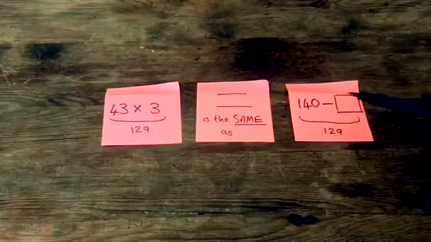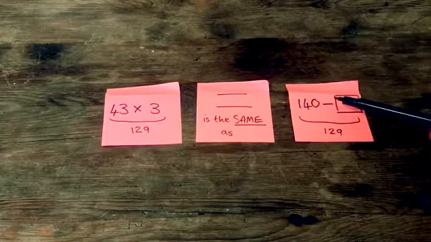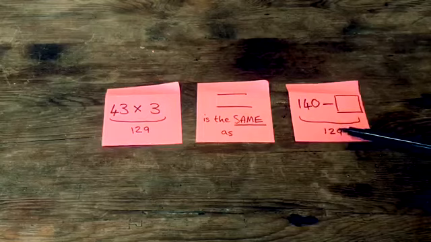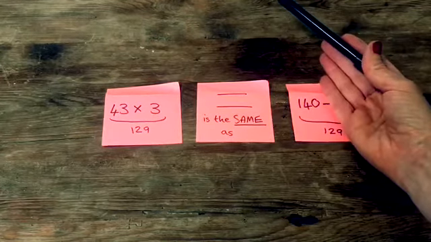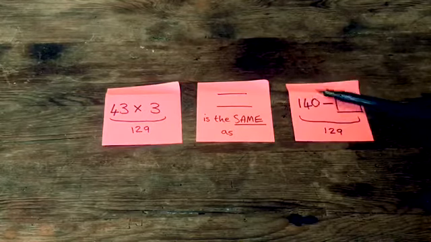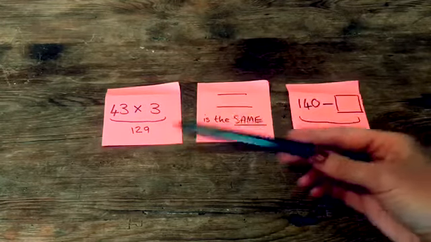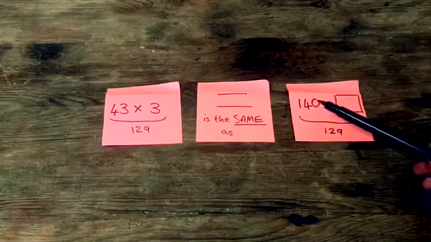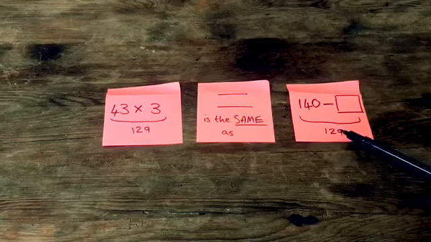Over here I can look a little bit more closely. I've got 140. I have to take something away, and that will leave me with 129. If I just stopped at 140, that wouldn't be the same. This side would be bigger or heavier. I like to think of it as a set of scales. We need to make the scales balance. So what do I take away from 140 to make 129?